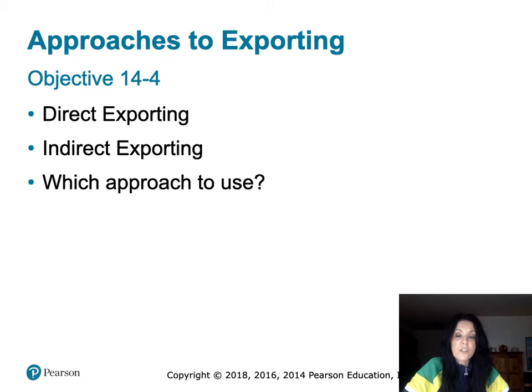In this situation, they enlist independent distributors, agents, or export management companies to ship, market, and sell their goods abroad. Operationally, the company sells its products to an independent intermediary in the domestic market, which then exports the products to foreign agents, who then sell it to end consumers.